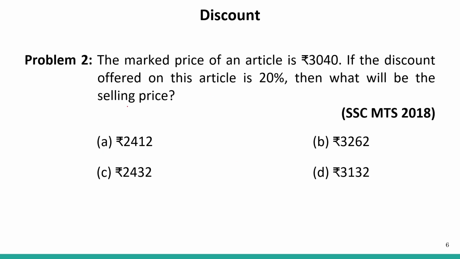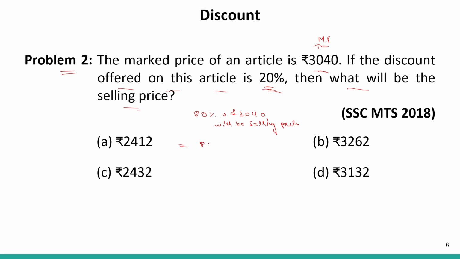Let's see problem number 2. The mark price of an article is 3040. If the discount offered on this article is 20%, then what will be the selling price? So this is the mark price, MP. The discount offered is 20%, so 80% is remaining, or 80% of 3040 will be the selling price, right?